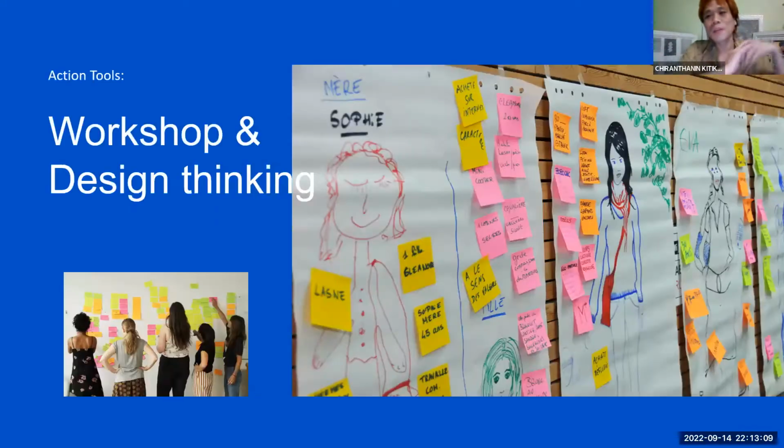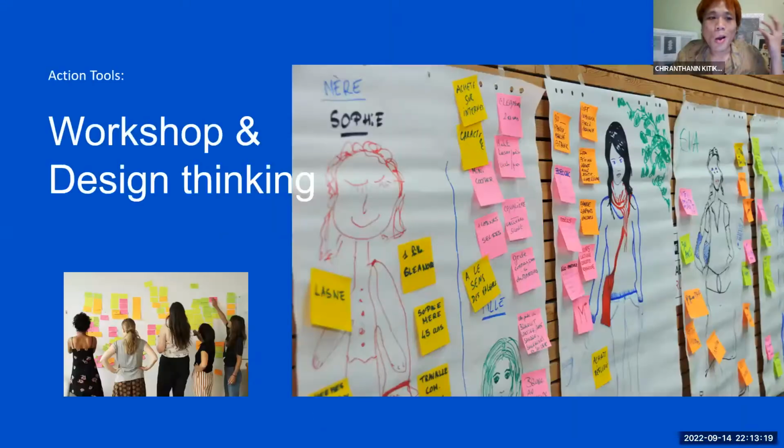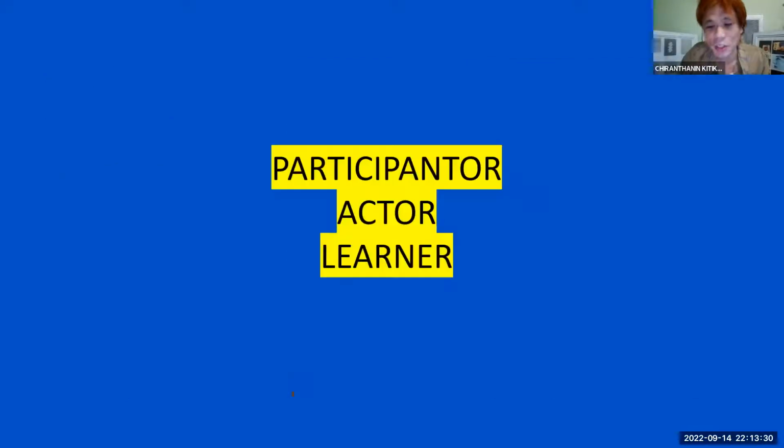But right now, we don't have only the researcher and the cases relationship like questionnaire or interviewing. We have action tools, and the workshop and design thinking is the new way that we set our position, not just researcher and cases. We begin ourselves as participant, an actor, a learner together.